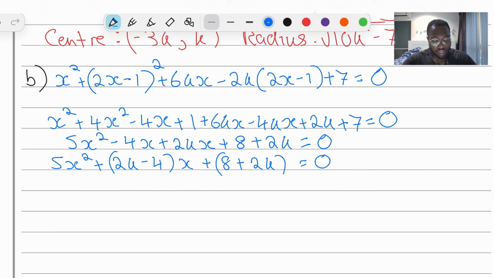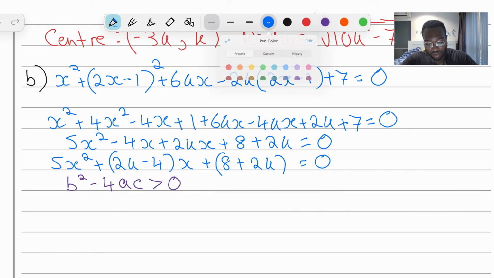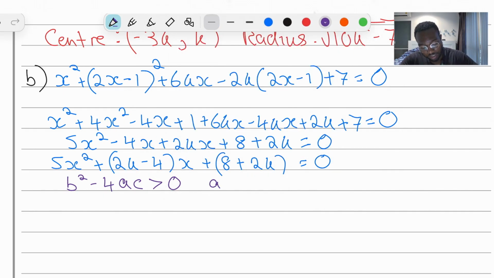And now that we've done that, we need to show that this intersects at two distinct points and find the range of values for k. So we know that if it intersects at two distinct points, the discriminant b squared minus 4ac must be greater than 0. In our case, we have a as 5, we have b as 2k minus 4, and we have c as 8 plus 2k.